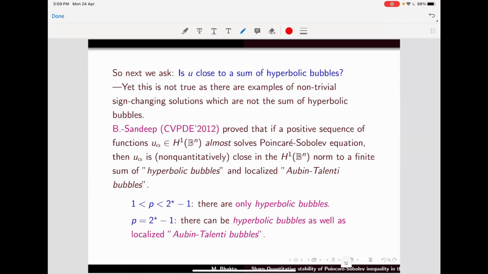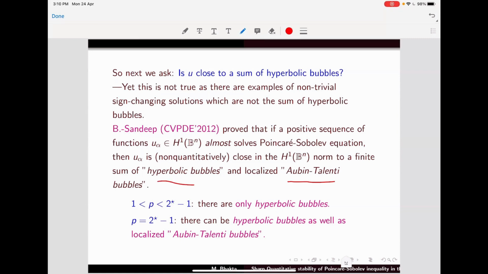Actually in 2012, in joint work with my supervisor Sandeep, during my PhD, we proved that if un is a positive sequence of functions which almost solve the Poincare-Sobolev equation, then in H1 norm it is close to a finite sum of hyperbolic bubbles and localized Aubin-Talenti bubbles. The Aubin-Talenti bubble is the extremal for the Sobolev inequality, and here we are taking the localized version.